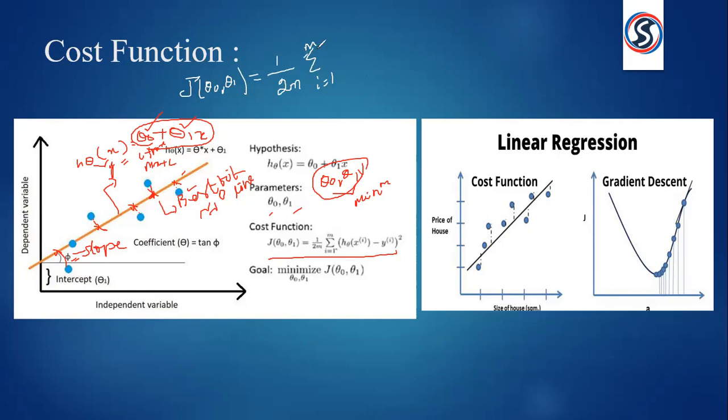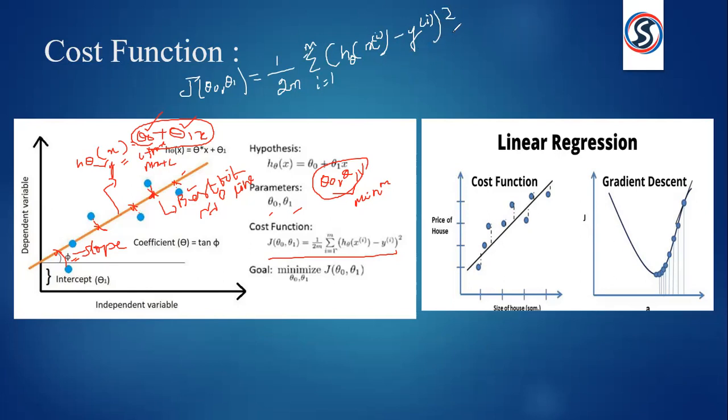I have to calculate the distance and sum it. The predicted point is h theta of x of i, minus y of i, and y of i are my actual points, whole square. Now, two things come here.